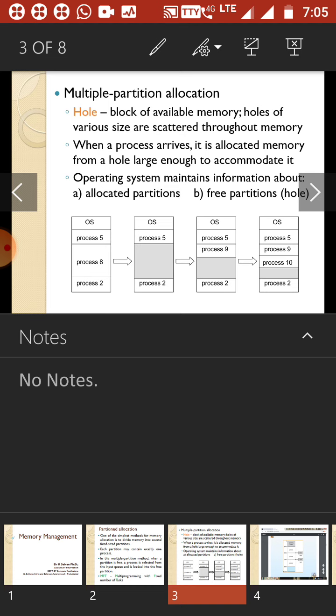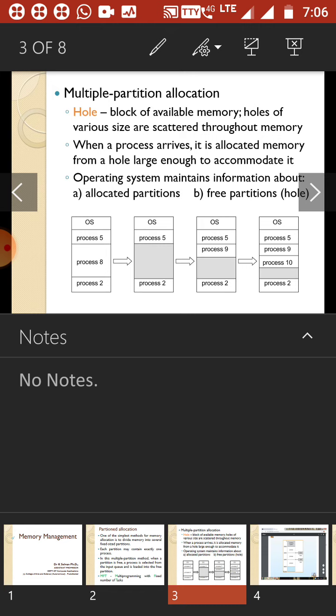Okay, so here there are 4 partitions. In these 4 partitions, a program of 3 KB and below may be loaded into either of the 3 KB partitions, a program whose size is below 5 KB can be loaded into the 5 KB partition, and a program whose size is 8 KB and below is going to be loaded into the 8 KB partition.